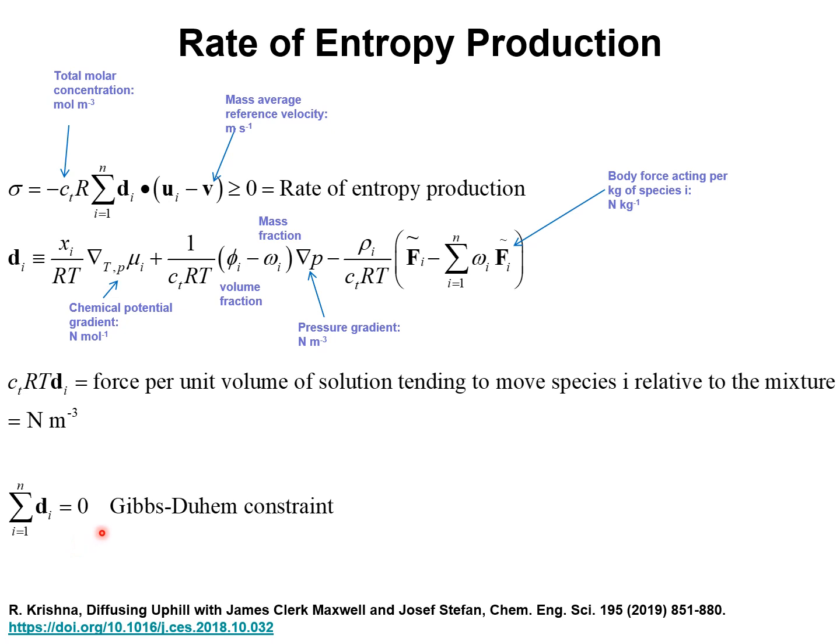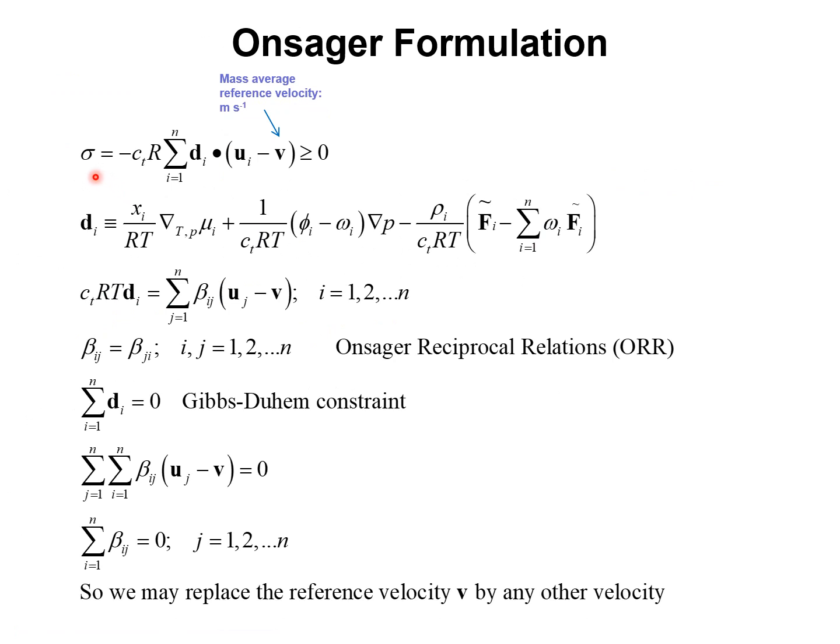The Gibbs-Duhem equation leads to the constraint that the sum of the driving forces d sub i must be 0. The rate of entropy production is the sum of the products of the driving forces d sub i times the velocity differences.